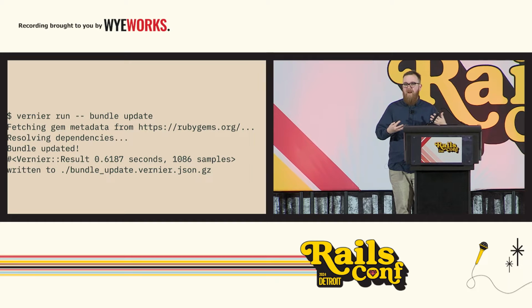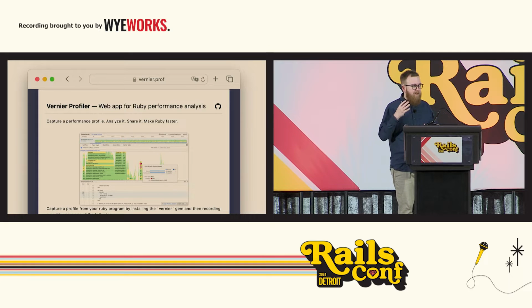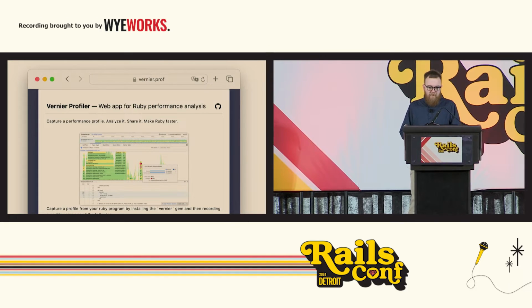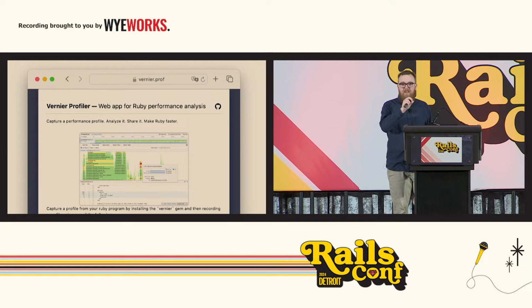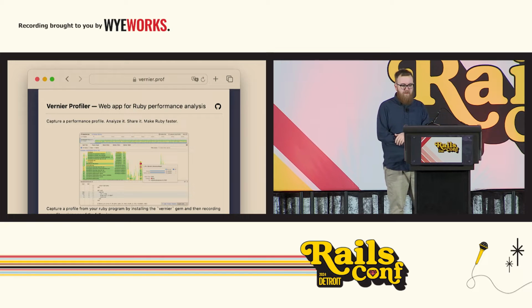So we have this file. Next, we need a tool to view this. And that's the second component of Vernier, a single page web app. You can find this at vernier.prof. If you'd like to follow along, this is the bundler example. And this web viewer was the original driving force behind writing a new Ruby profiler.